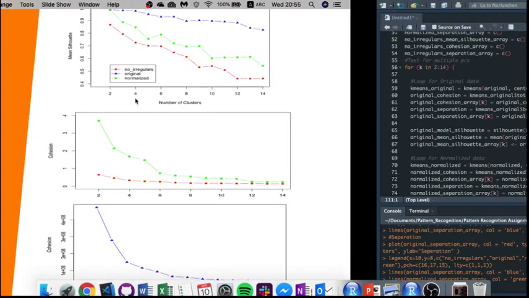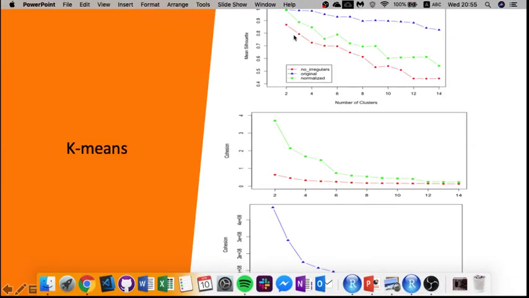Of course, if you have a small number of clusters, the silhouette is really, really high, but we can't actually choose a small number of clusters, because what we want to do is separate our data set using some mathematical distances between our data points.